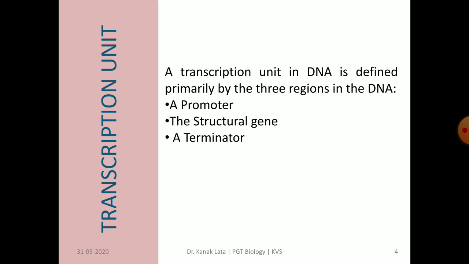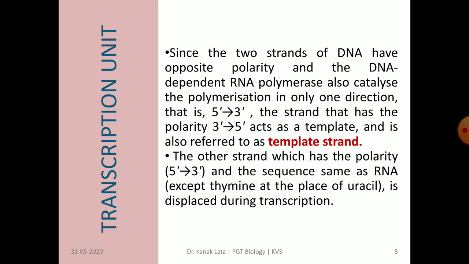Now, the next topic is about the transcription unit. A transcription unit consists of three regions, that is a promoter, the structural gene and a terminator. As you all know, the two strands of DNA have antipolarity, which means if one strand is from 3' to 5' end, then the other will be from 5' to 3' end.